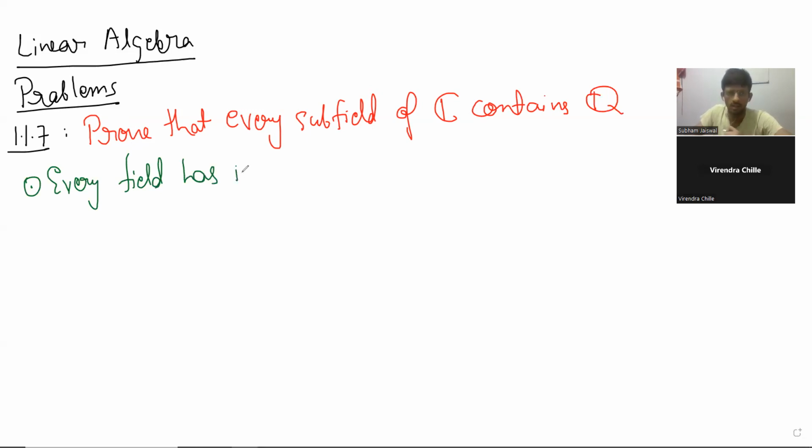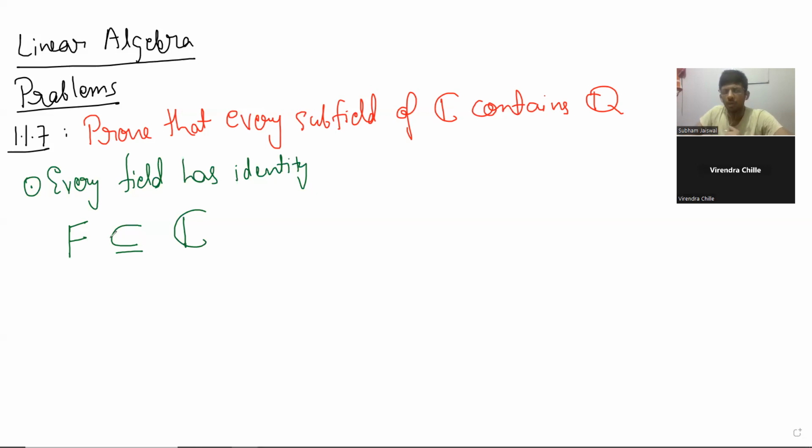Has identity. So now, if you're starting with the complex numbers and you're taking a subfield, you know what subfield is? Yes, sir. A subset which is a field, using the same operations as in the bigger field.